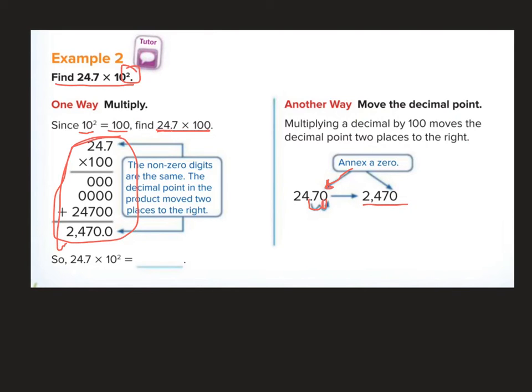Why did I move it 2 spots? 2 zeros. 2 zeros. So 2,470 is our answer. And that's a heck of a lot easier than this. But if you forget how to do this trick, you just do it that way, and you'll still get the same answer. It's just, do you want to do live work? Do you not want to do live work? That's where we're at.